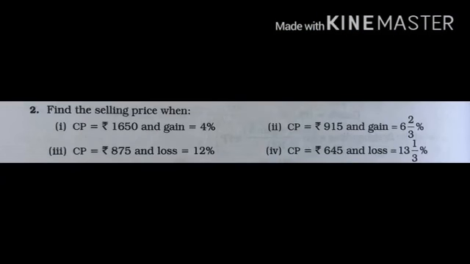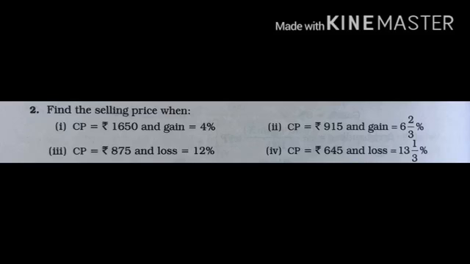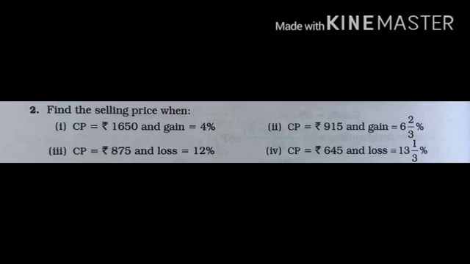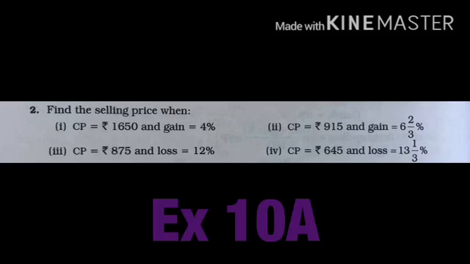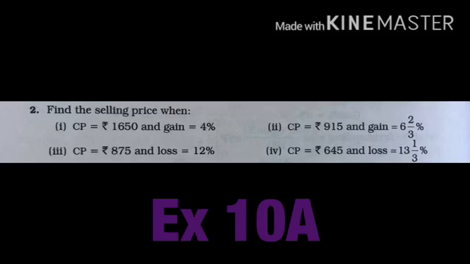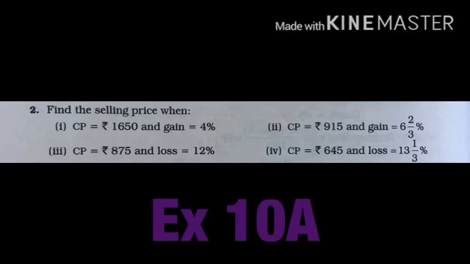Find the selling price when cost price is equal to 1650 and gain is equal to 4%. So gain percent and loss percent are always calculated on cost price. There are two types of solution. One, by using the direct formula, selling price is equal to (100 plus gain percent) upon 100 into cost price.